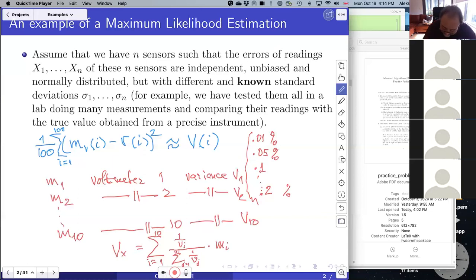So even if you have a lousy voltmeter, you don't want to throw away its measurement.